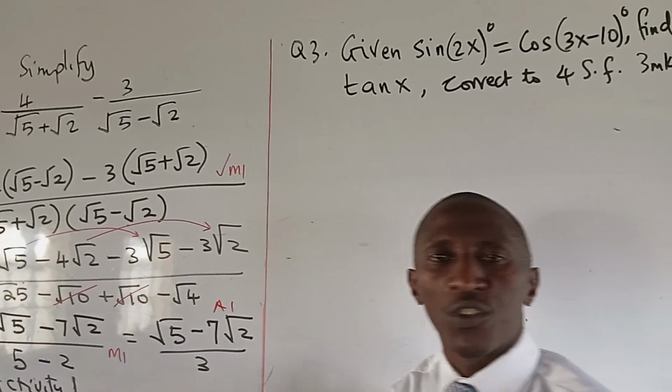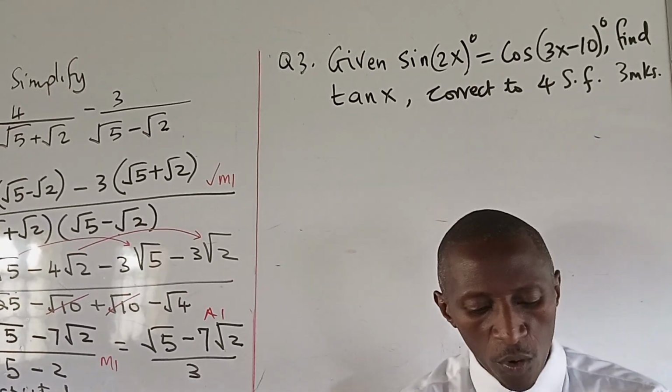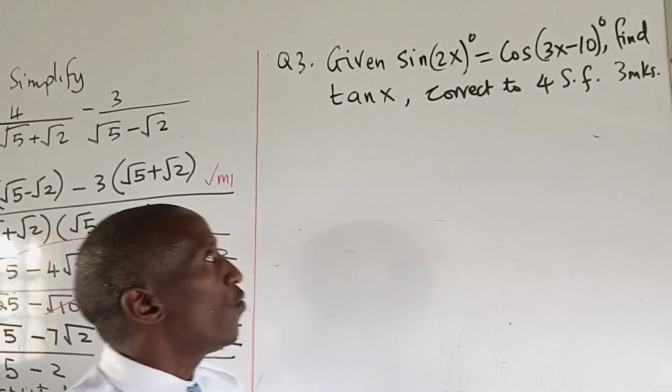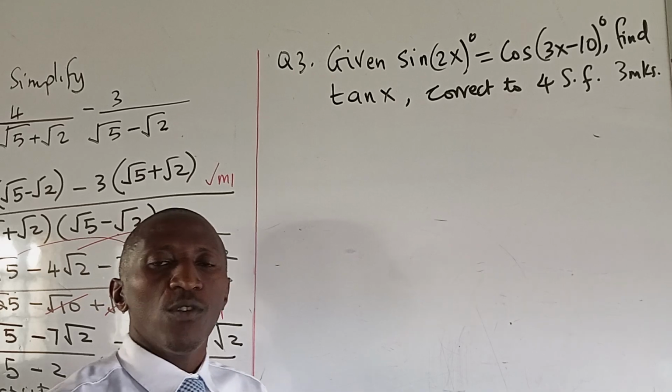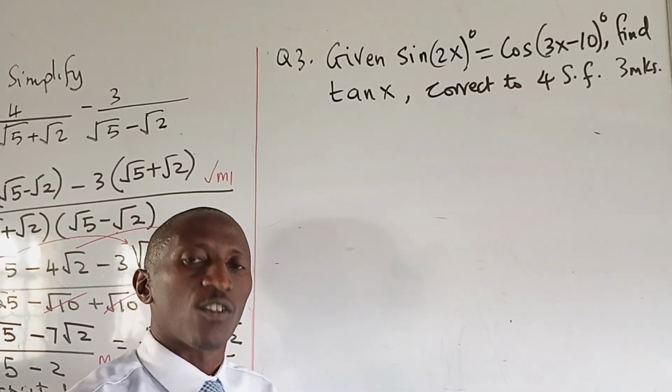So in this particular question, we are required to recall Form 2 work, which is the rule of angles that add up to 90. How are their respective sine and cosine?